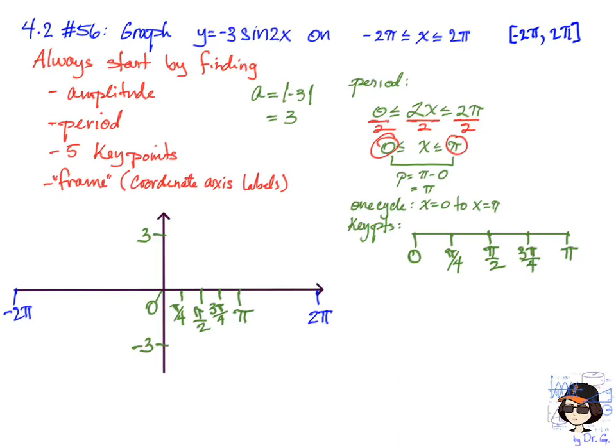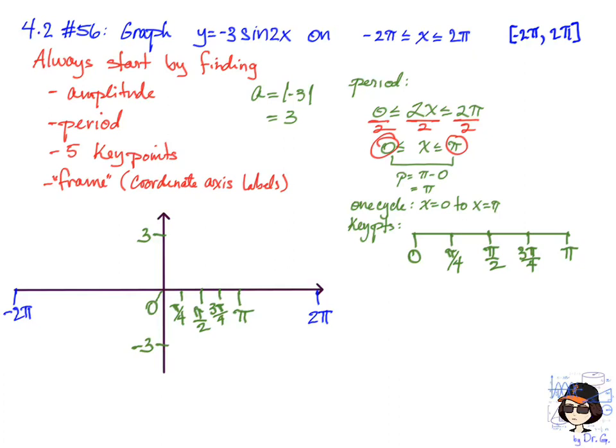So with the sine function, we know it always starts at 0 and ends at the same place. But just to double check, let's plug it in. Let's plug in 0. So when we plug in 0 to the function, negative 3 sine of 2x, if x is 0, then 2x is also 0, right? 2 times 0 is 0.